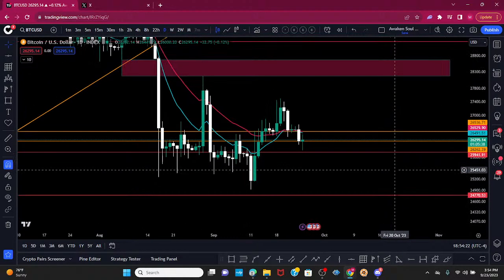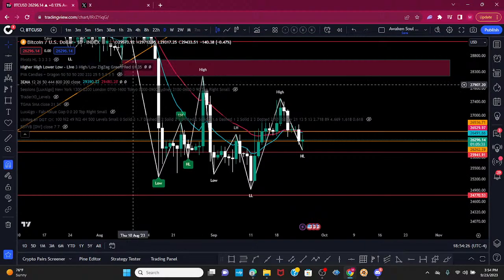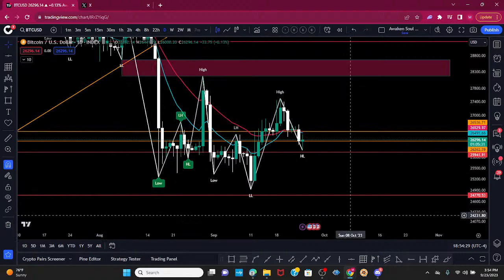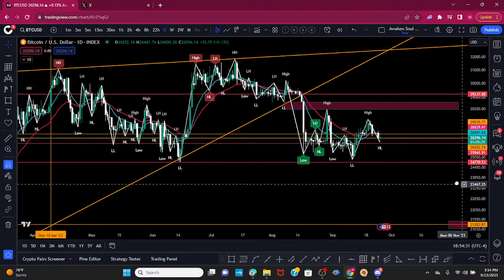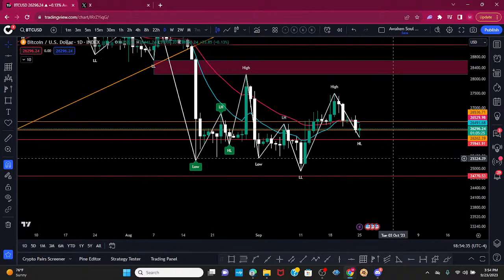So I'm going to come to my daily, and again, I love my higher high, lower low indicator, and I use it just to set some trend lines for my brain to analyze and see, okay, what are the possibilities? What pattern do I see?